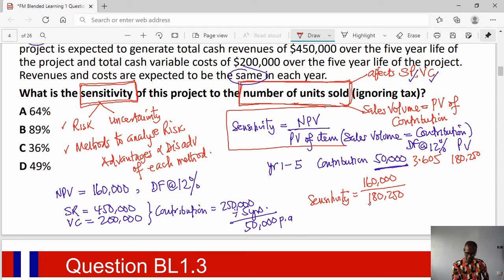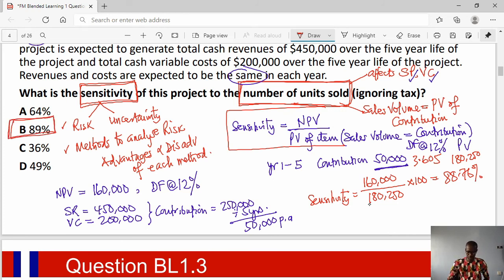And when you multiply by 100, as in expressing it in percentages, I hope you will get 160,000 divided by 180,250 times 100 to be 0.8876, or 88.76, which is approximately 89%, giving you the answer to be B.